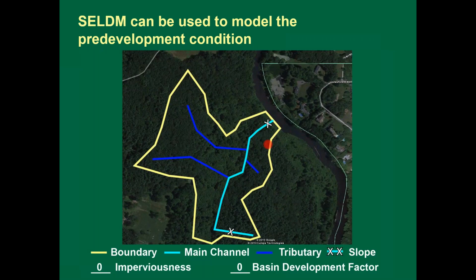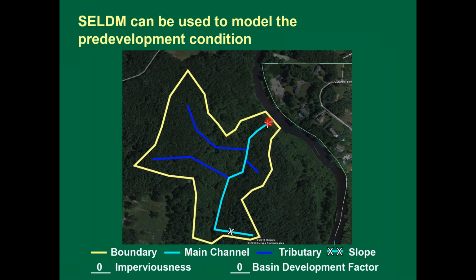This is an example where you could model the pre-highway condition. In this case, SELDM can be used to model the pre-development condition. Let's say this tributary area is in yellow, so that boundary defines our area. Our main channel might be an ephemeral, intermittent, or perennial channel, but it's the main channel up to the drainage divide.